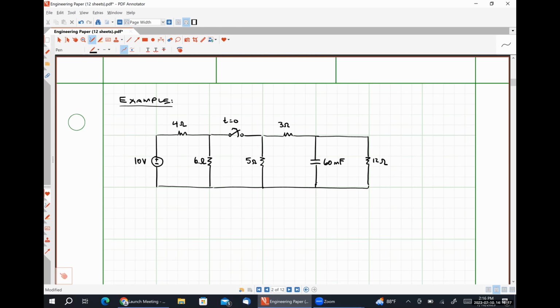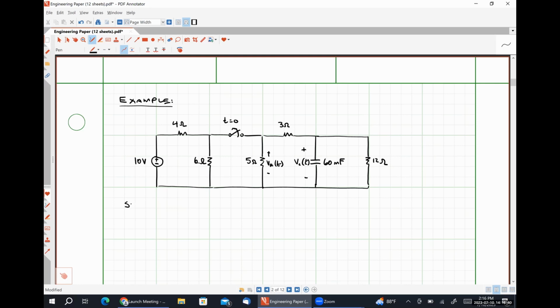And let's say that we are interested in the voltage drop across our capacitor and the voltage drop across this particular resistor. Okay. So our first several steps for our analysis are going to be the exact same thing that we saw last Thursday.